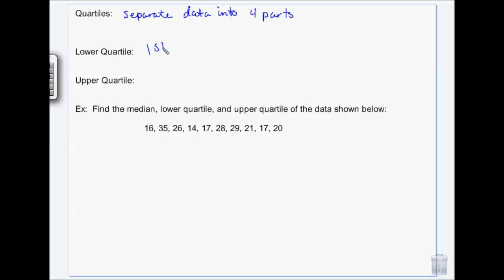So the lower quartile is the first fourth of the data. And then the upper quartile is the last fourth of the data. And then you have 2 quartiles in the middle. The lower quartile is labeled Q1. The upper quartile is labeled Q2. Or sorry, not Q2, Q3.